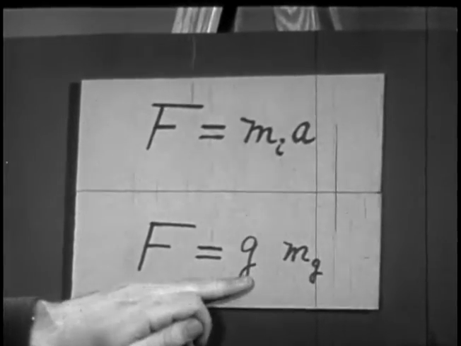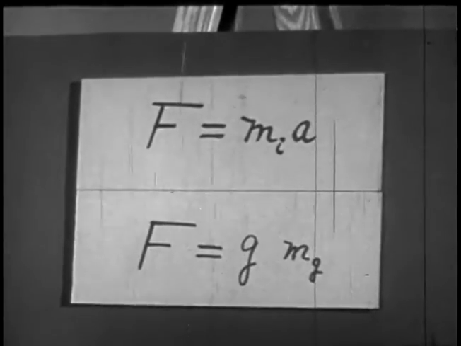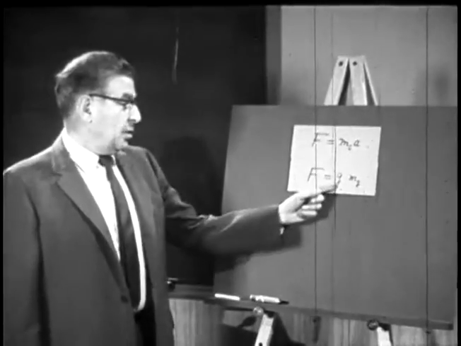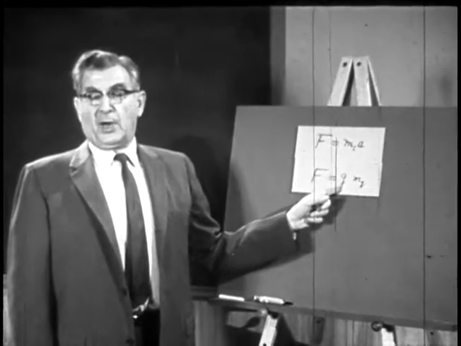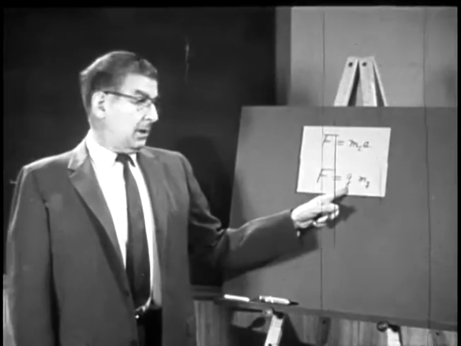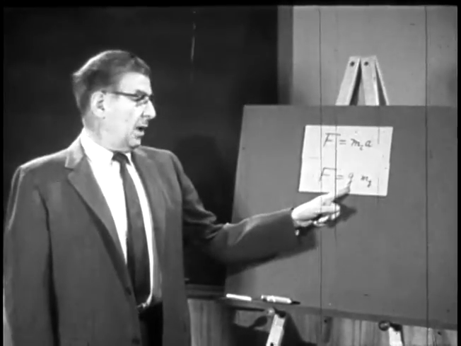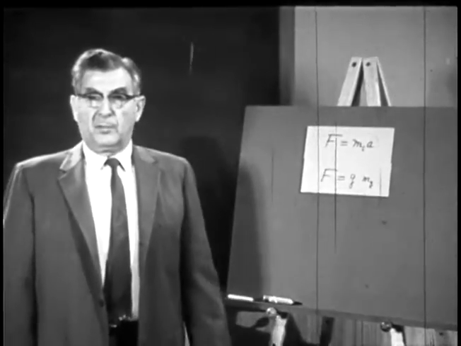This g is called the field strength of the gravitational field produced by the attracting body. It is the force per unit mass with which the attracting body pulls on any object, and it depends on the location of the object. It's smaller on the top of a mountain than it is in this room.